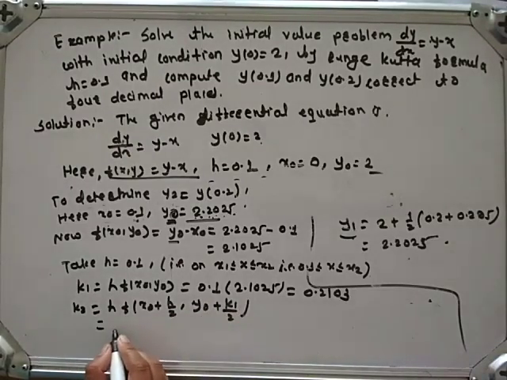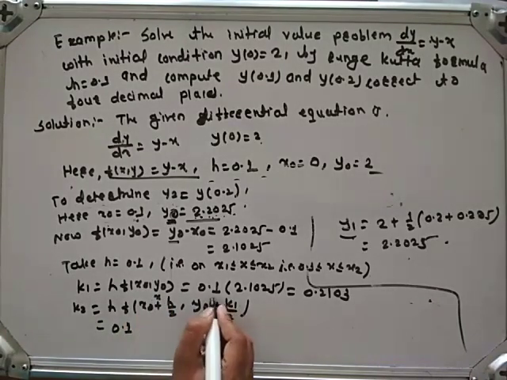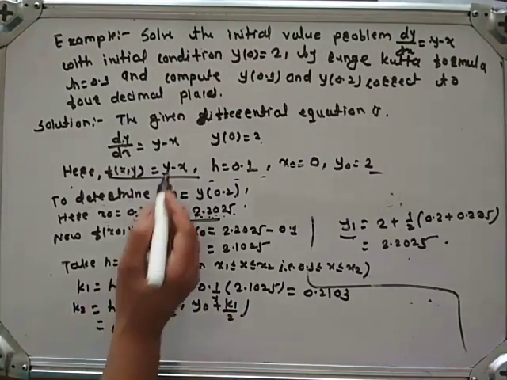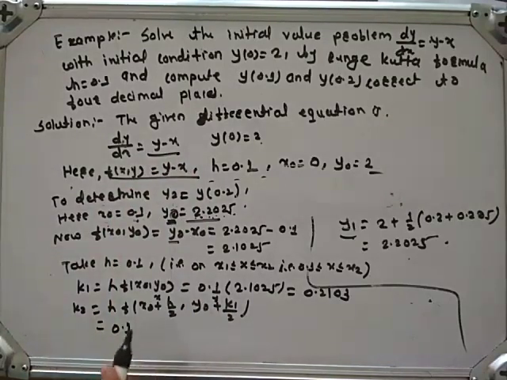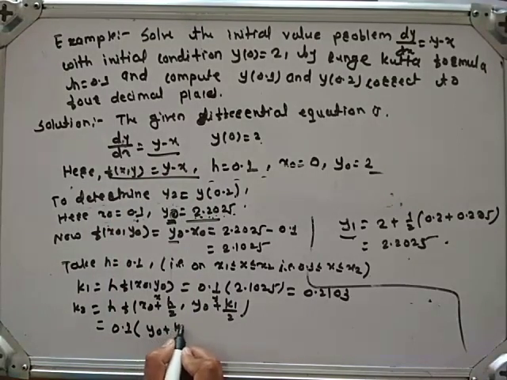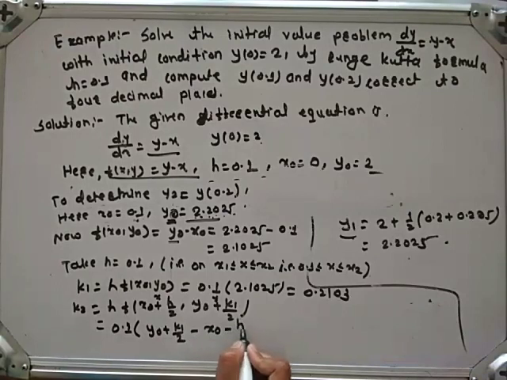So h is 0.1, and f of x, y is y minus x, so it becomes y0 plus k1 upon 2 minus x0 minus h by 2.